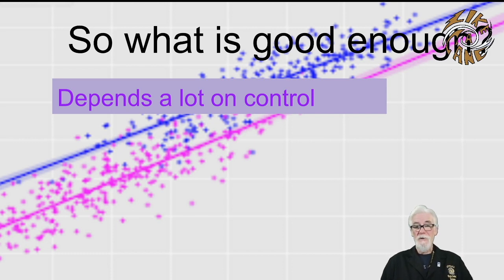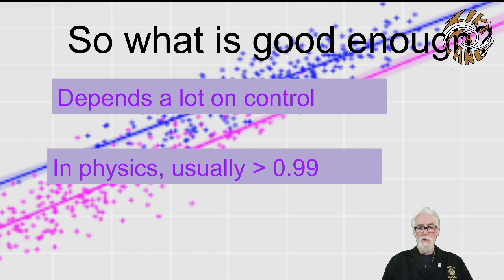In physics, we often have very, very good control over our experiments, and in chemistry as well. And so lots of times we're shooting for an R value or an R squared value that's bigger than 0.99, or closer to -1 or +1 than -0.99 or +0.99. And so because we have tight control, we can be really picky about our R values.